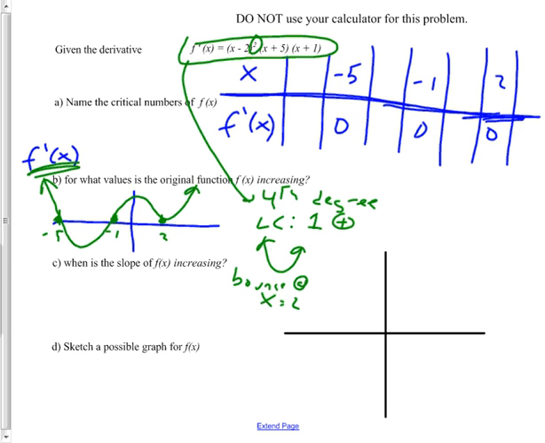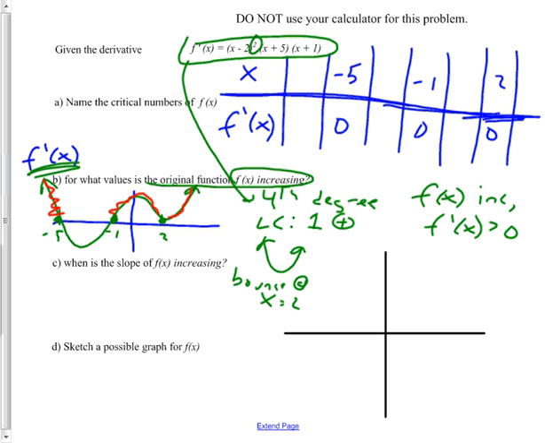So if we want to know for what values is f of x increasing, f of x is increasing when f prime of x is greater than 0. Well, where does that happen? Let me show that in red. That happens here, here, and there.